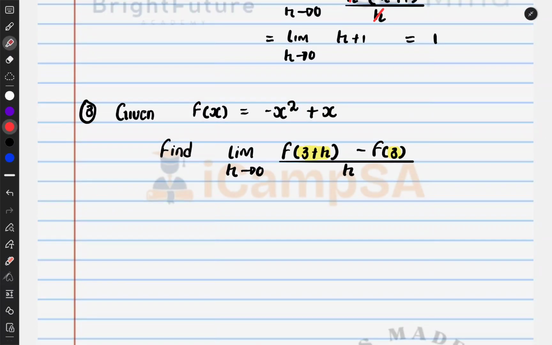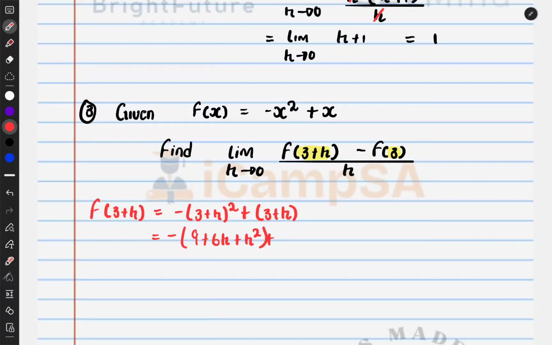For f at 3 plus h, for that given function, we're going to have negative 3 plus h squared plus 3 plus h. 3 squared will be 9, 3 times 2 is 6, plus 6h plus h squared, plus 3 plus h.